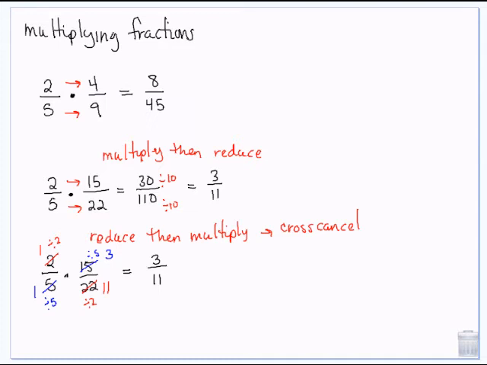Same answer, different order. I don't care which one you use. Pick the one you like better. The only thing you can't do is you can't say 2/5 times 15 22nds equals 30 110ths and leave it. No. You have to reduce it. Okay?